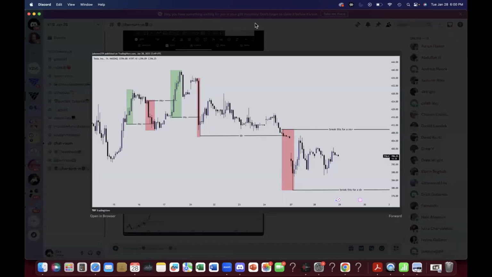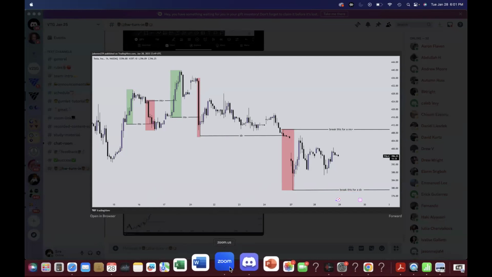Let's see right here. This is the last one we'll do. Bullish range, shift to the downside. Shift to the upside, bullish range, shift to the downside, structure break. Yep. If we break this, shift to the upside, break this, break to the downside. Good job. So yeah, overall not bad.